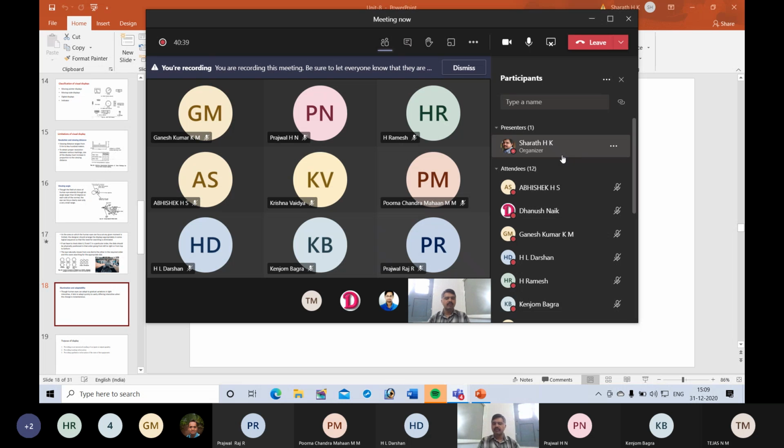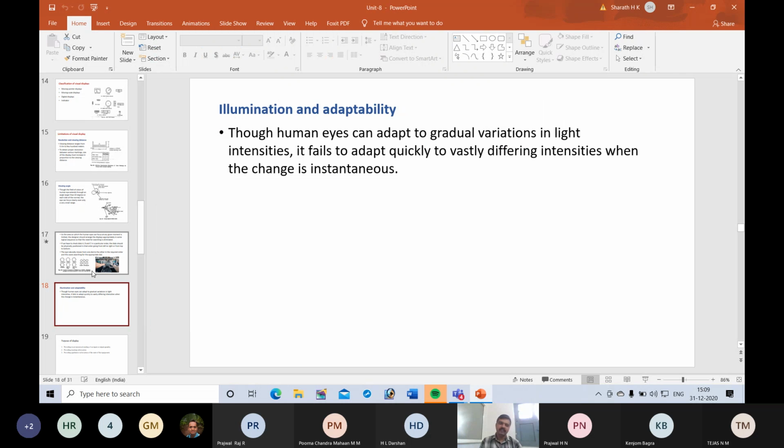If you move from light to dark, the human eye will take some time to adjust to that change, even from dark to light. So while designing displays, illumination and adaptability also need to be considered.